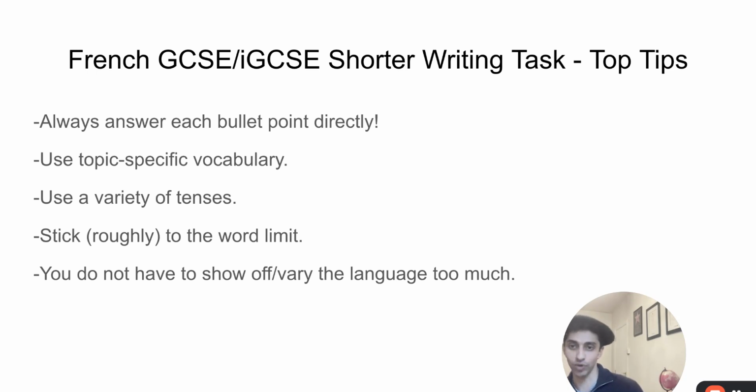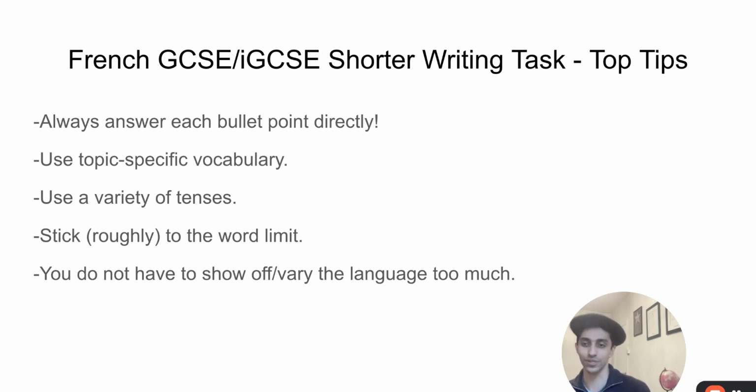If there's 5 bullet points, then you've got to make sure that you include all 5 bullet points in your answer. And it's not just about including them. You've obviously got to make sure that you include them roughly equally as well. So if you're asked to write, say, 100 words, for example, in your answer, that doesn't mean that you literally have to write exactly 20 words for each of the 5 bullet points, just to give you a theoretical example.